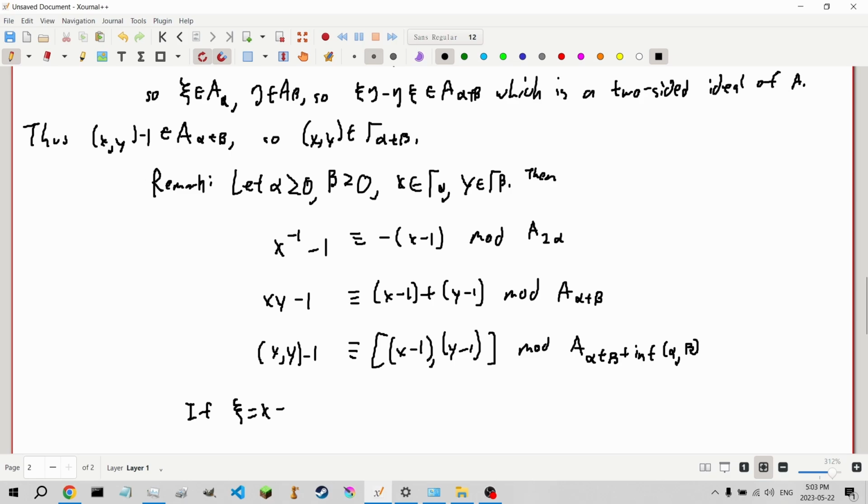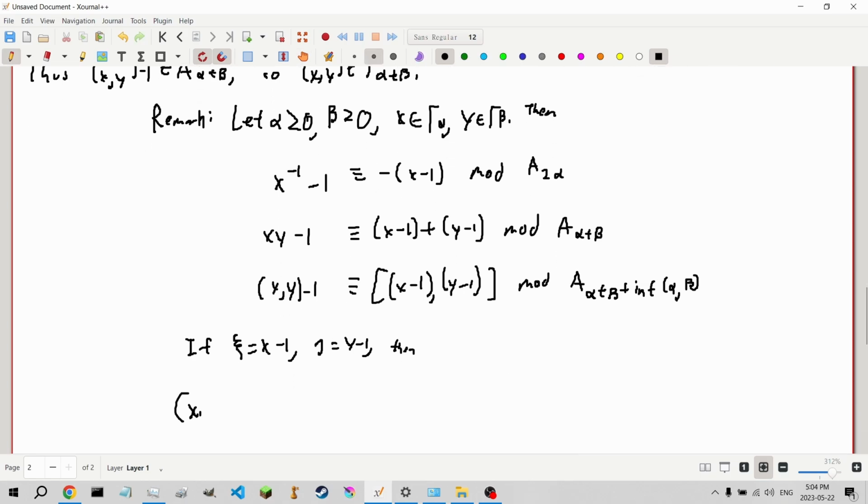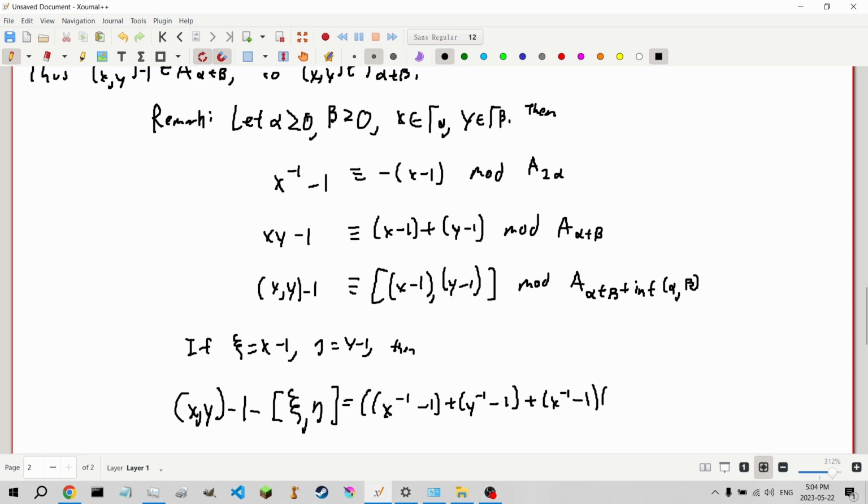If we have c is x minus 1 and eta is y minus 1, then we know from before that the commutator of x and y minus 1 minus the Lie bracket of c and eta gives, all this is going to be multiplied by something, so the inverse of x minus 1 plus the inverse of y minus 1 plus the product of x inverse minus 1 and y inverse minus 1 multiplied by the bracket of c and eta.